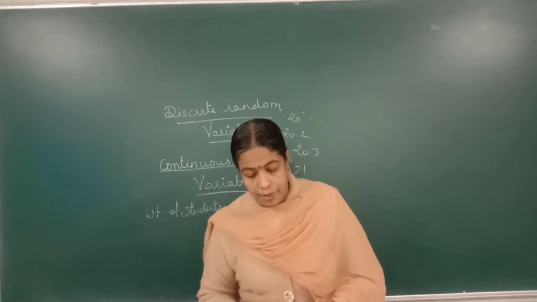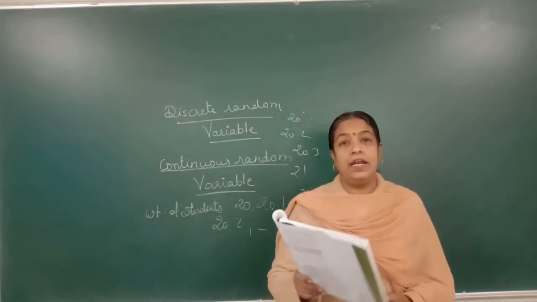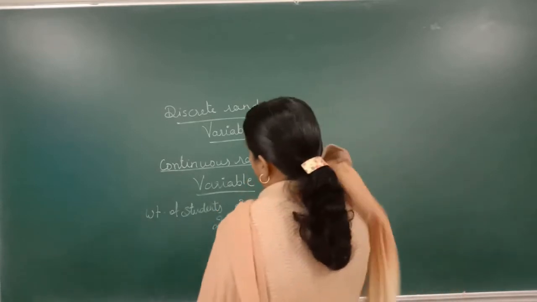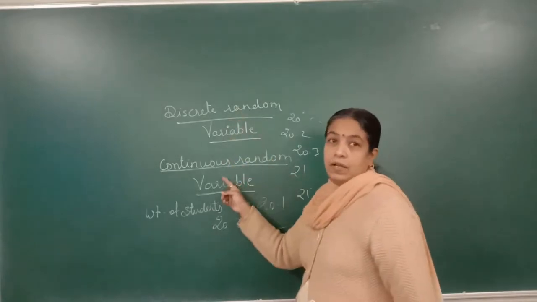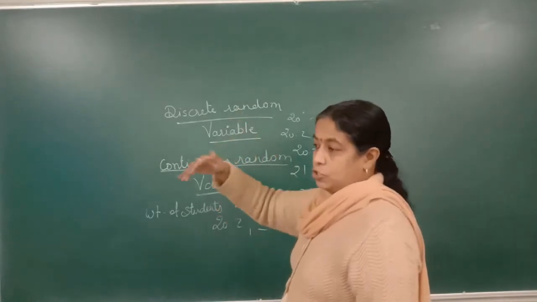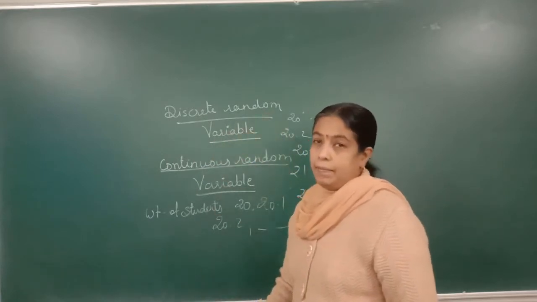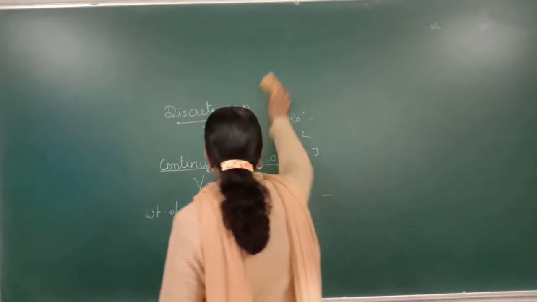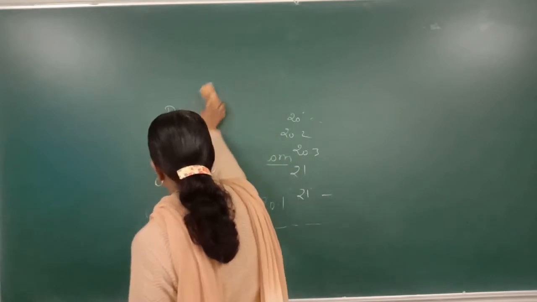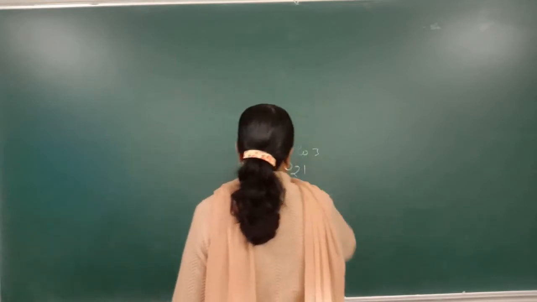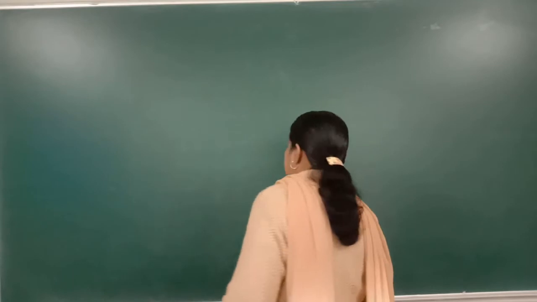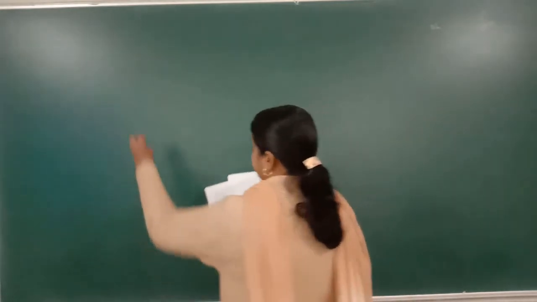Now, probability distribution of a discrete random variable. We have studied this too, but today in the next 2 minutes also we are going to study the discrete random variable. See, these are the discrete random variable.